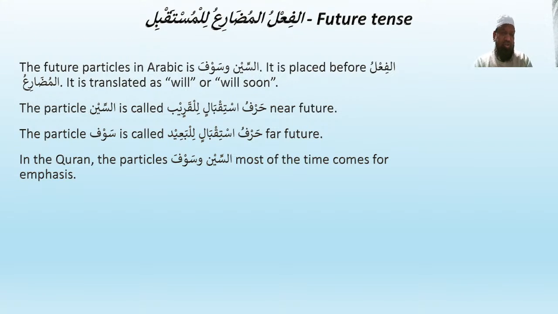The particle sawfa is called harfu istiqbalin lil ba'id. So when we see this sin and sawfa in the Quran, we should have this in mind. Sin means near future and sawfa means far future.